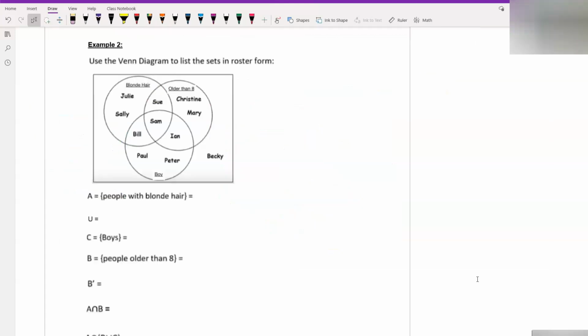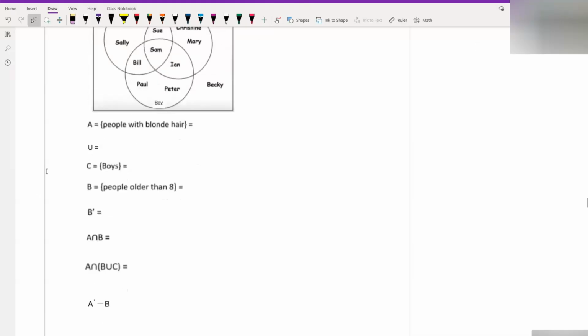Again, we have a Venn diagram, but in this one, we already have these sets inside the circles, and we have this rectangle. We have to find all these based on what is given.